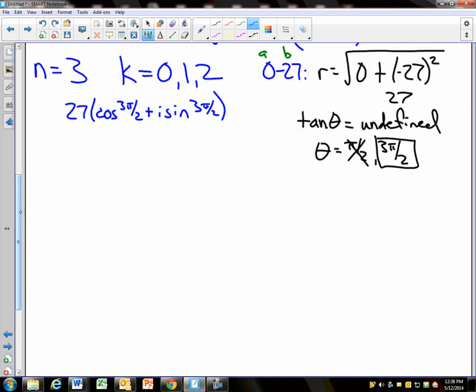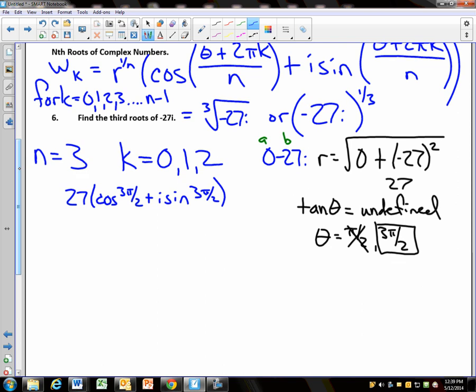Okay, let's do it. We've got to use our formula now. The formula says w sub k. So w sub, what's our first k value we're going to use? 0. So w sub 0 equals r. What's r? 27 to the 1 over n. What's n?